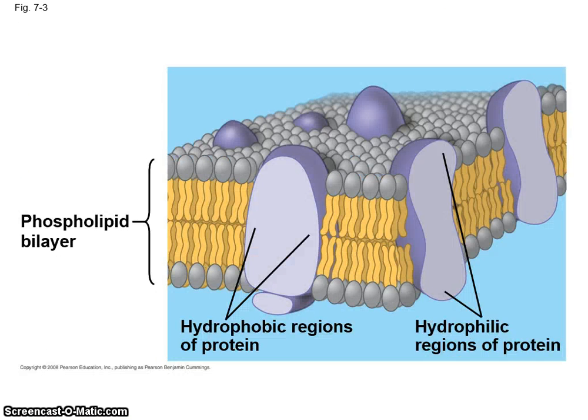Looking at an overview of a very simplified phospholipid bilayer, you can see that it's made up of two layers. That's where the word bilayer comes from. So two layers of phospholipids, and notice that the hydrophobic regions are on the inside and the hydrophilic regions are facing the outside. Both the external environment of the cell and the internal environment of the cell is aqueous.